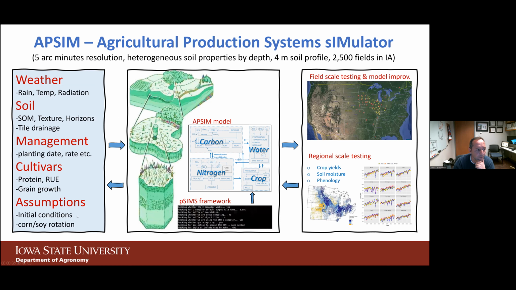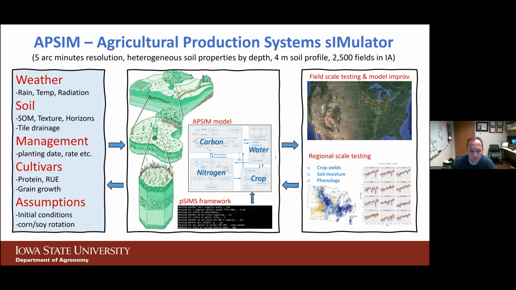In this slide on the left, you see the inputs that get into the APSIM model. And I have some graphs to present in the next slide: weather, soil, management, cultivars, very important. And of course, when we are working with models, we always have to make assumptions. Now, everything gets inside the system.